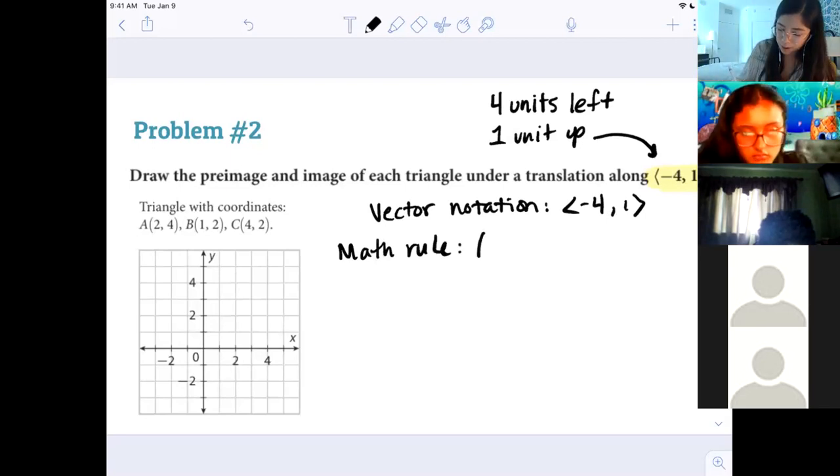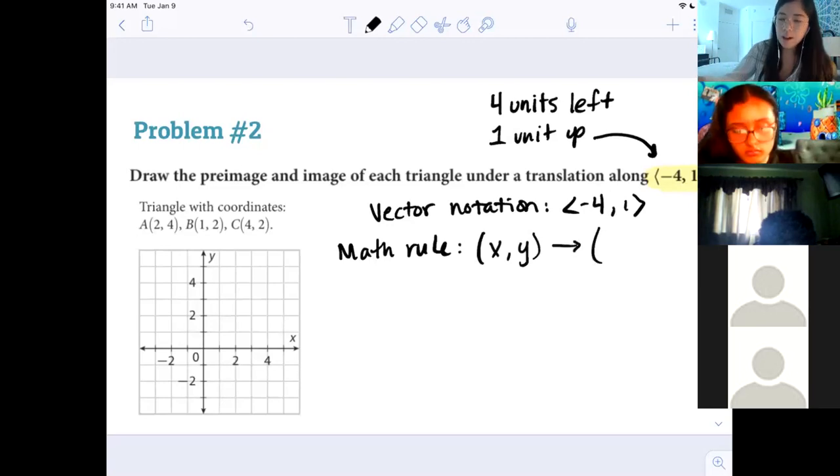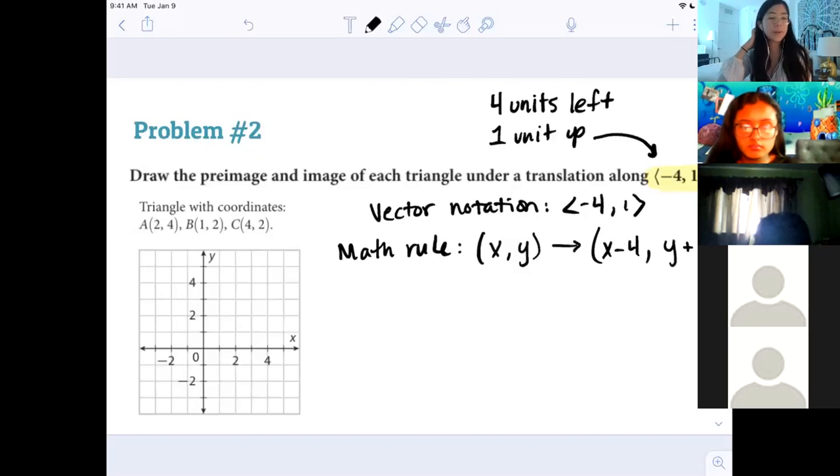We start off with x comma y, draw an arrow, and then just like the vector notation, you're using that -4 and that 1, but you're splitting it up. So now it's x minus 4, comma y plus 1. It's just 2 ways to write the same exact thing. They're both telling you the same thing.